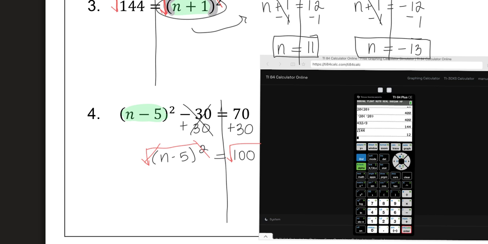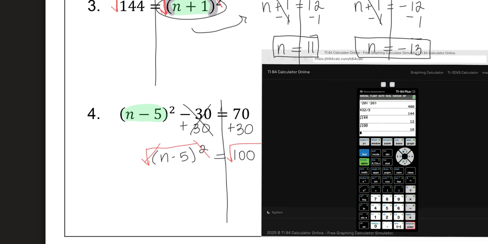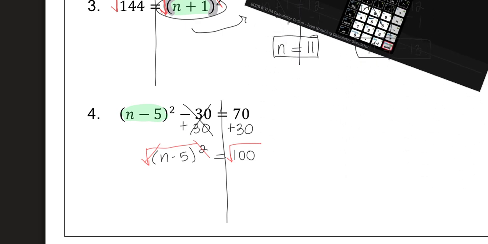Okay, now we do have this expression here, so we know that we either get n minus 5 equals 10, or n minus 5 equals negative 10. We still need that positive and negative. Don't forget that part.